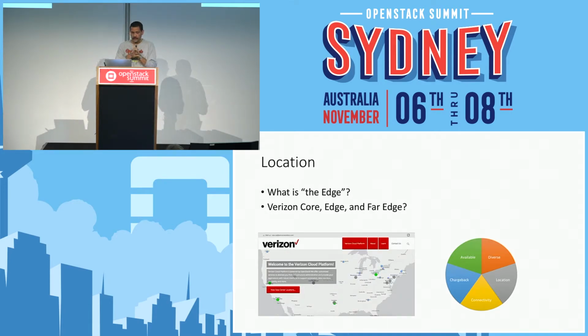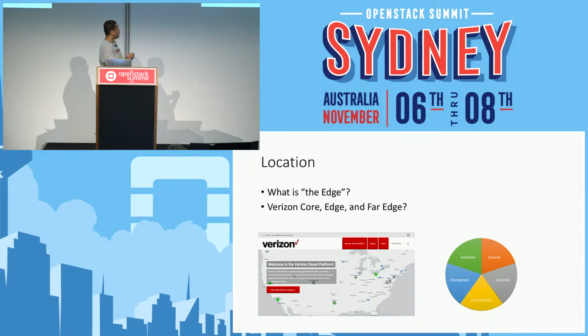The next is location. I've talked about this a couple of times, but here's a map. For those of you who are within Verizon, this web page is probably something you're familiar with. If you're not within Verizon or you're not one of our customers, you're probably not going to have seen it. But the little circles on there show you where several of our US-based locations are.